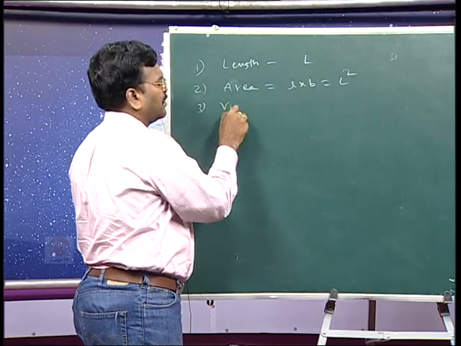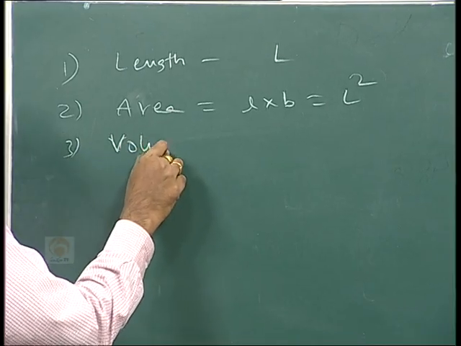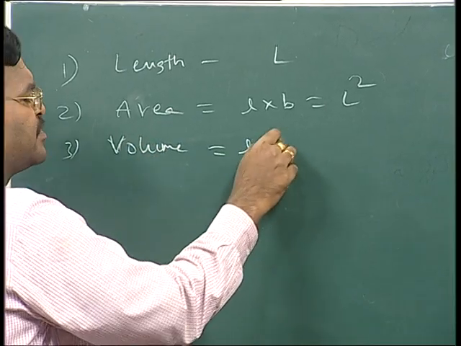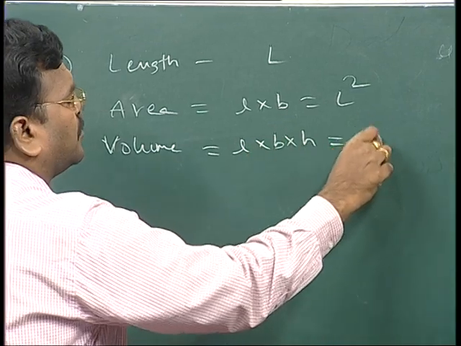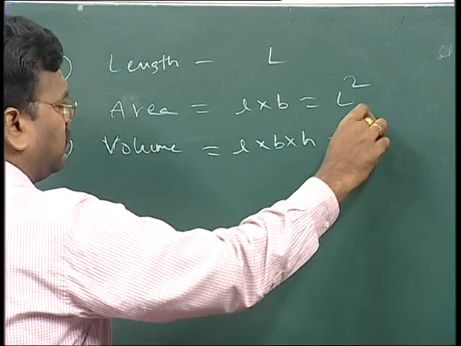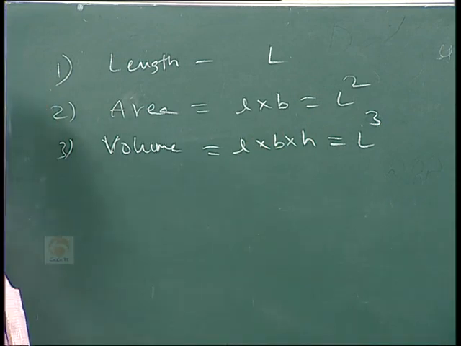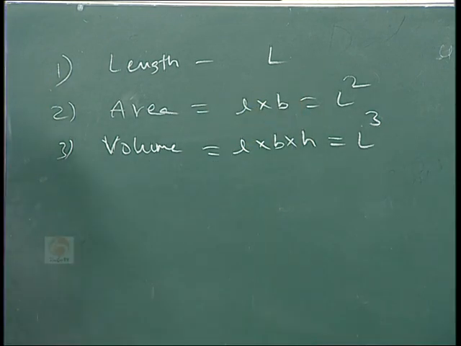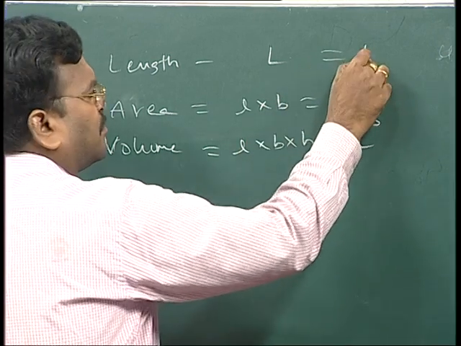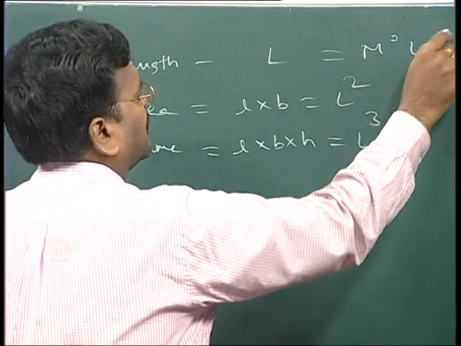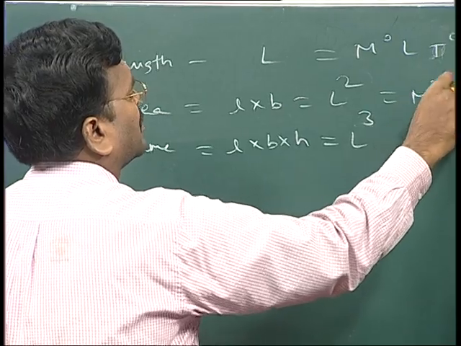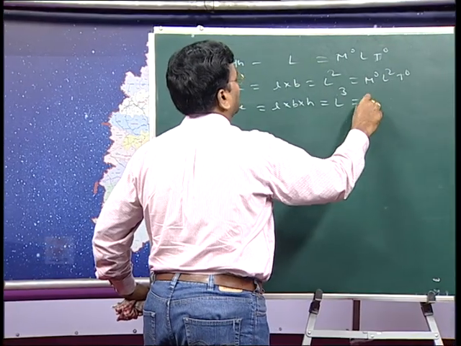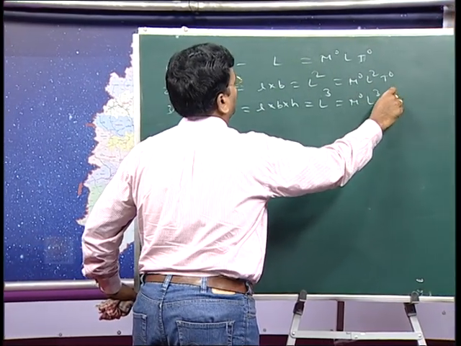Volume: length into breadth into height gives L cube. So the dimensions of mass are M power 0, L, T power 0; M power 0, L square, T power 0; M power 0, L cube, T power 0.